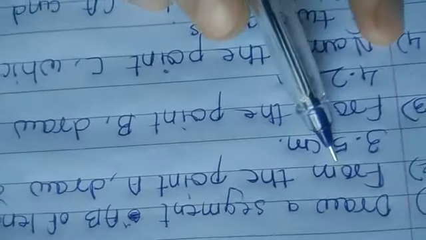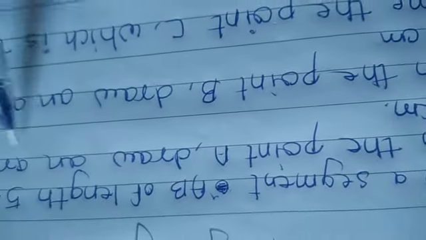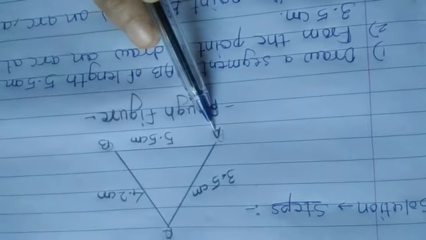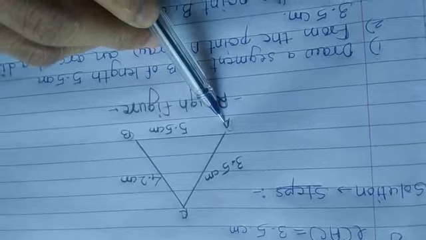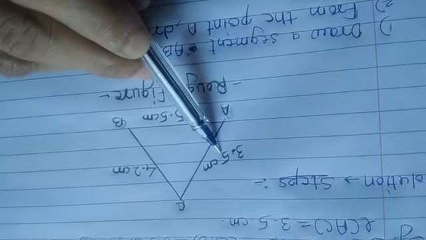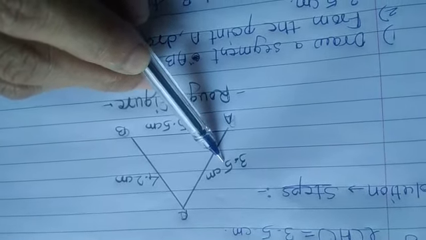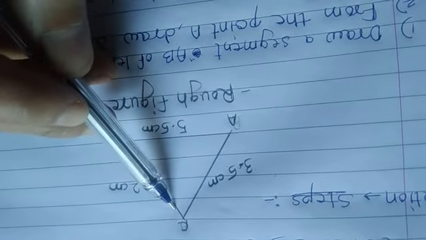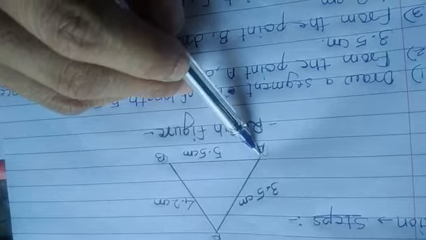Then second step, from point A, draw an arc at a distance of 3.5 centimeter. From this point A, take a distance of 3.5 centimeter with the help of compass and draw an arc.